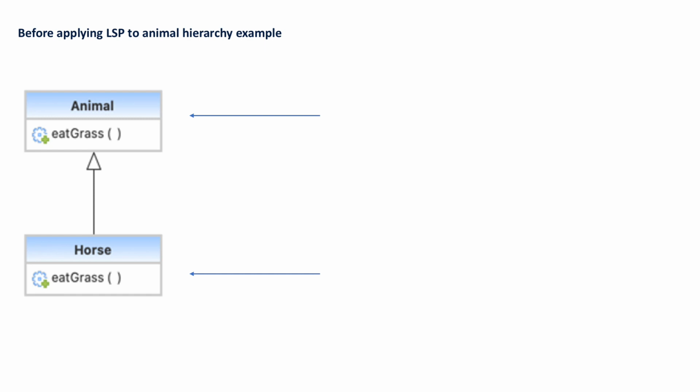The Lion class will also inherit the Animal class, but a lion cannot eat grass, so it will throw an exception saying I don't eat grass. Since the Lion class, which is derived from Animal, cannot properly override the eat grass method, it is violating the Liskov substitution principle.